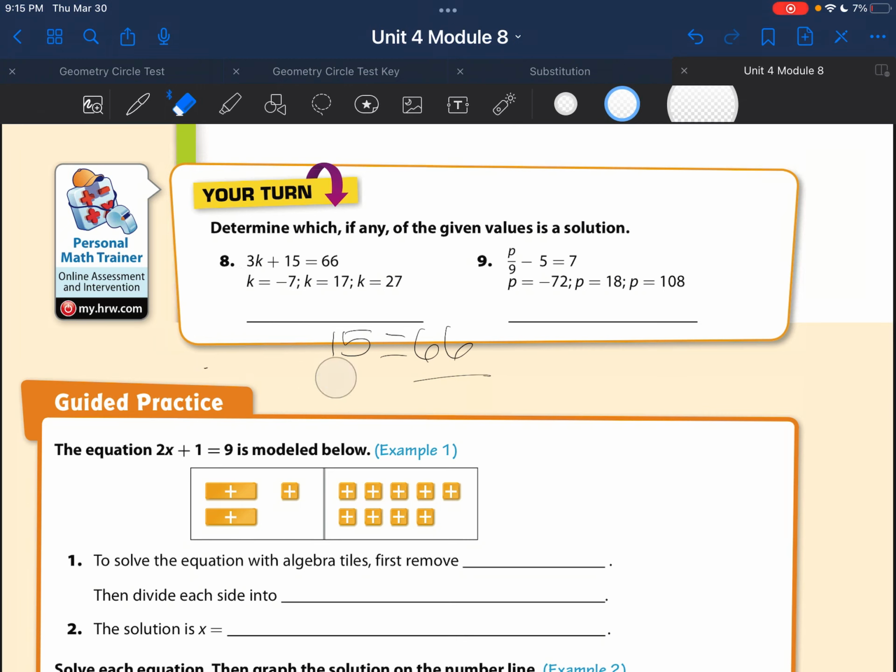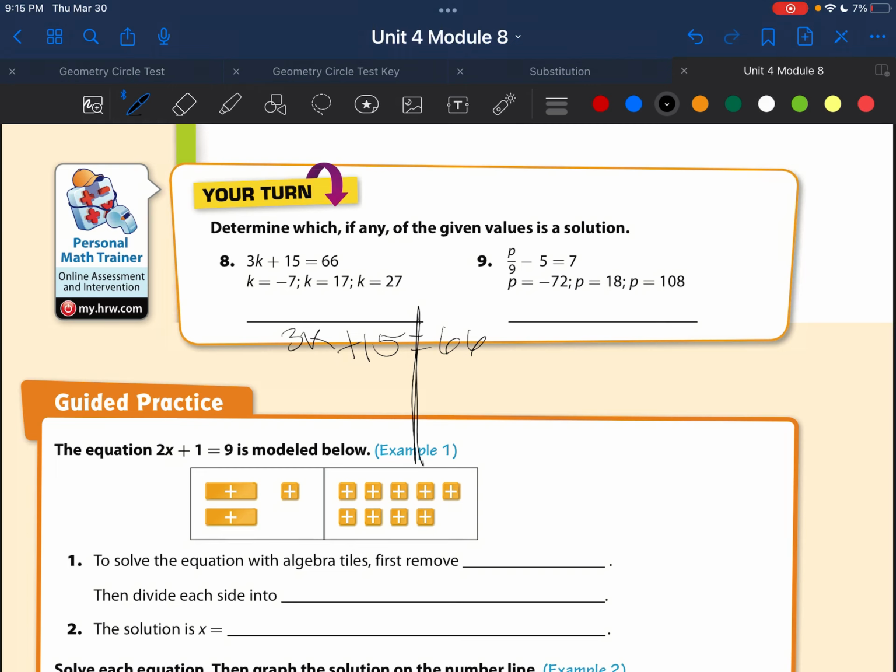Alright, so we're going to genuinely solve for this equation so we don't have to sit here for 10 minutes trying to plug stuff in. Okay? So I'm going to take my 3K, I'm going to rewrite it so I have room to solve it. First thing I do, draw my line.